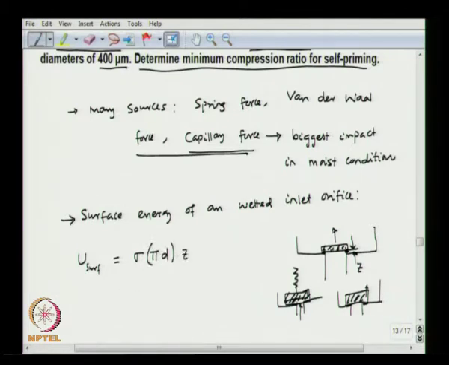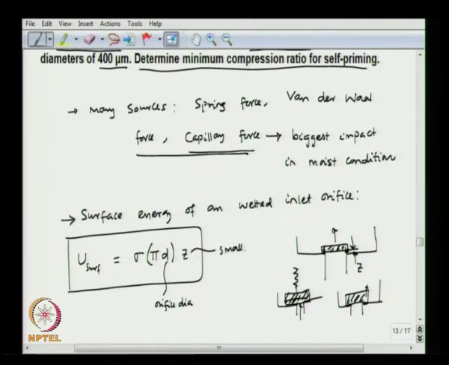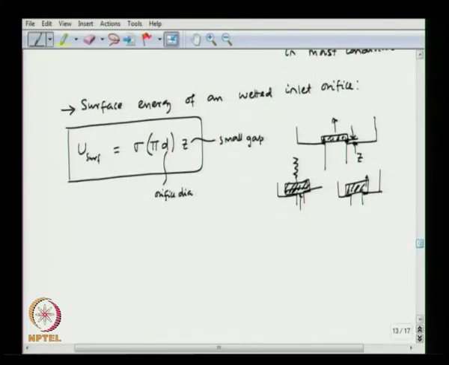Sigma is the surface tension coefficient, d is the orifice diameter and z is the small gap. Here we assume there is physical contact throughout.